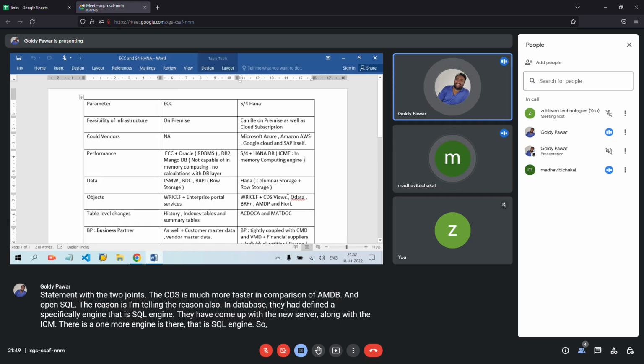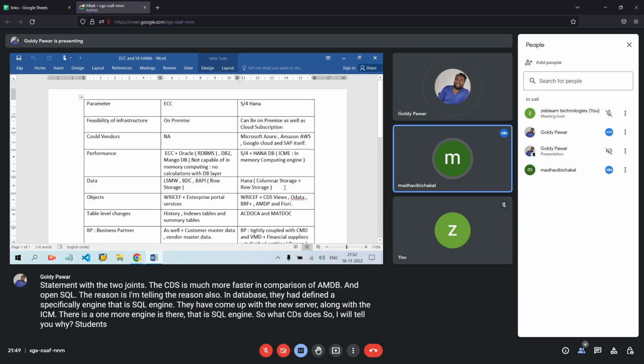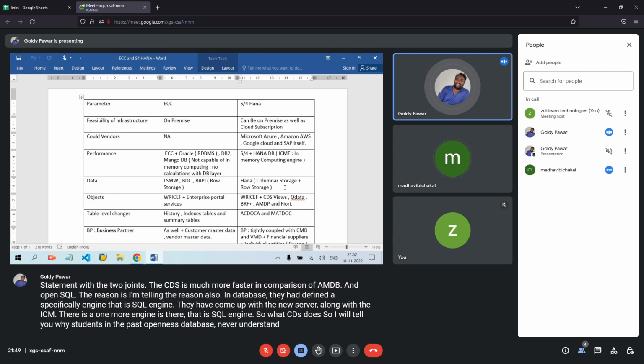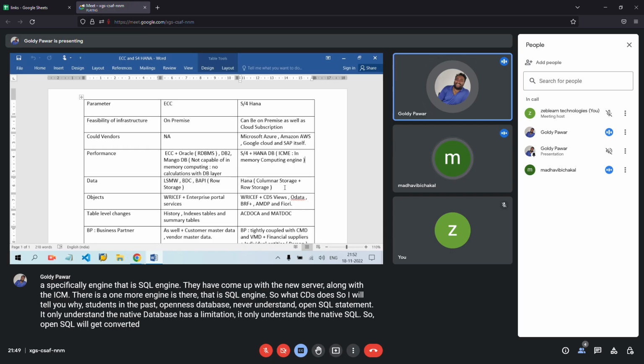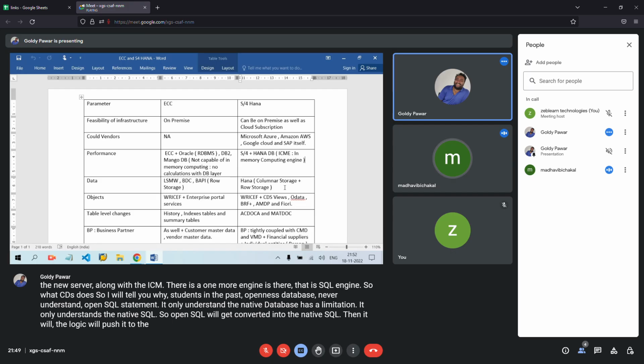So I will tell you why CDS is fast. The database never understands the Open SQL statement. It only understands native SQL. The database has a limitation. So Open SQL gets converted into native SQL, then the logic is pushed to the database layer.